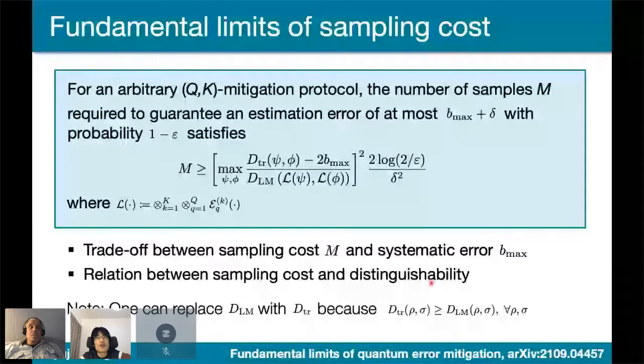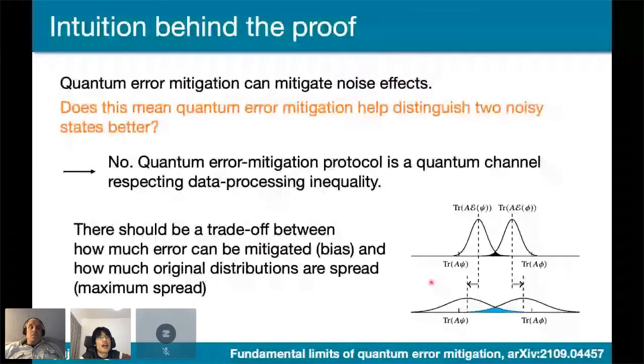The proof is a bit involved, but I can tell you some intuition behind the proof, like how we approach this problem. It starts from asking a fundamental question. Quantum error mitigation is a procedure that mitigates noise effects, right? But does this mean that quantum error mitigation helps distinguish two noisy states better?